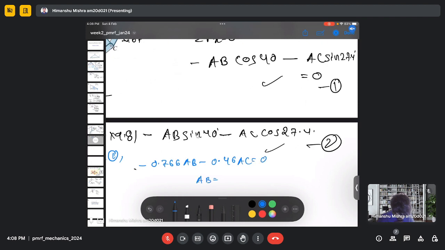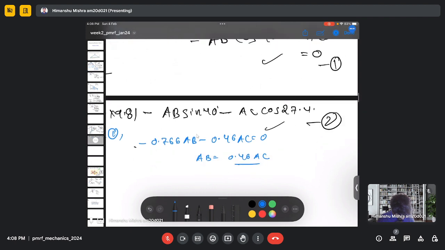So AB will be 0.46 AC by 0.766, so I can write AB as 0.6 AC.